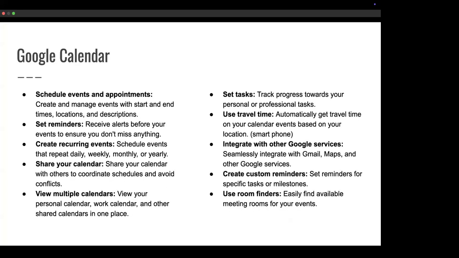One of my favorite things that it does really well is travel time. If you set a location that you need to get to, for example, the Boston airport, and I have a flight leaving at 10 and I set it at 10, it will be able to predict what time I should leave.